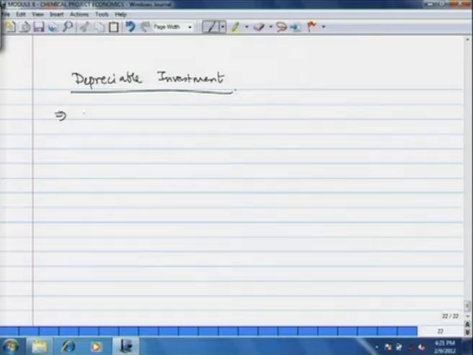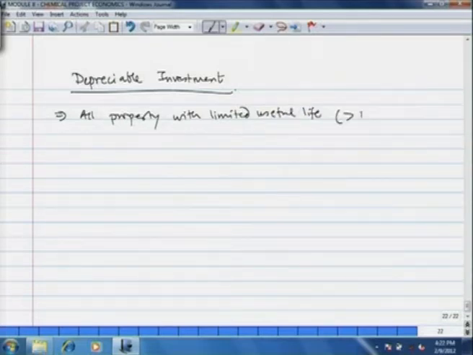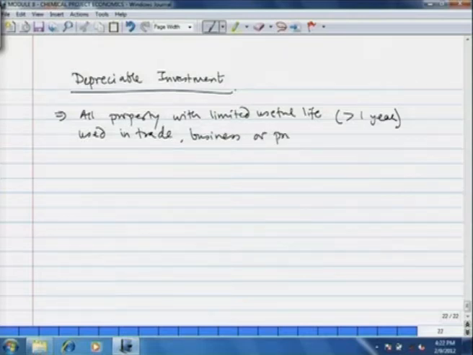Depreciable investment is basically all property with limited useful life, typically more than 1 year, used in trade, business or production of income, is depreciable. So, that is how we define the depreciable property.